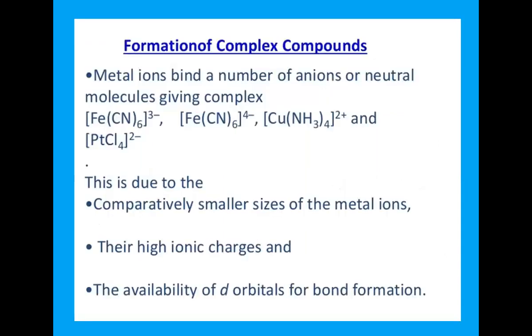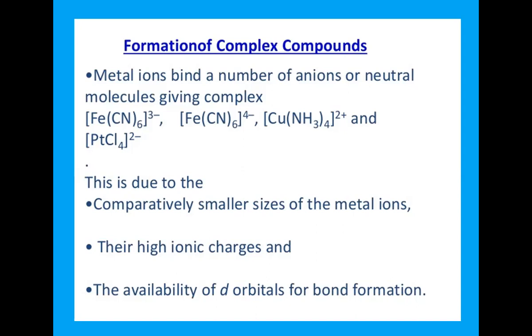D block elements are also capable of showing one more very interesting property, that is complex formation. The complex forming tendency of d block elements is due to the following reasons. It is because of their small size and their high ionic charge. The ratio of charge by size is called polarizing power.